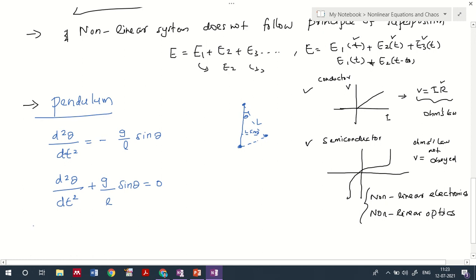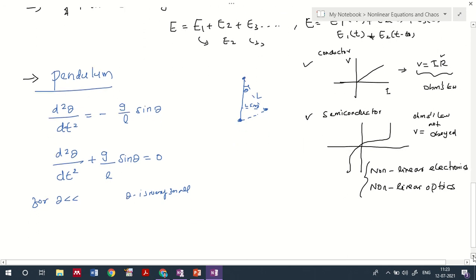Now if theta is very small, in that case we can say how this equation will look.